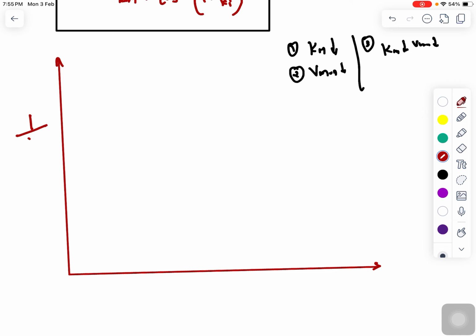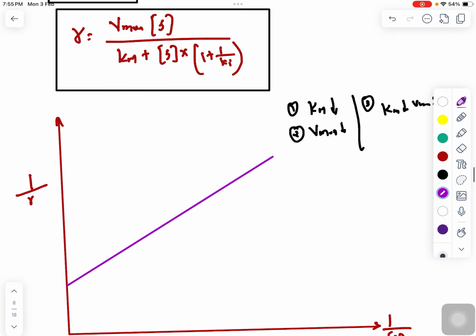Right. So if I plot 1 upon R versus 1 upon capital S, a plot was something like that, you can see. Okay, so this was the plot.